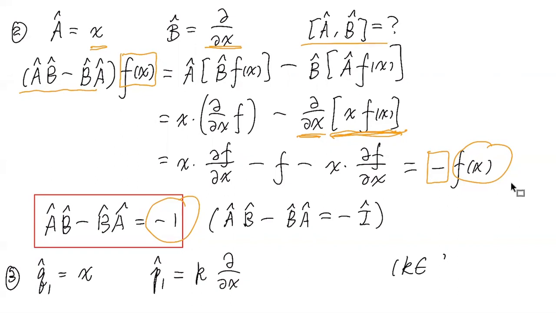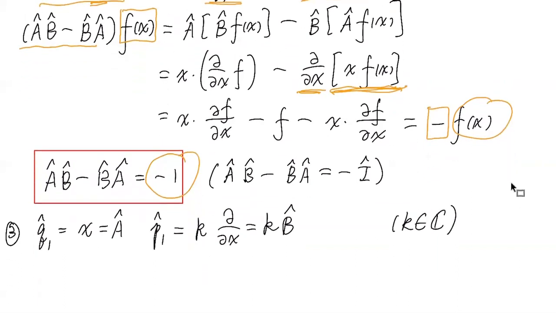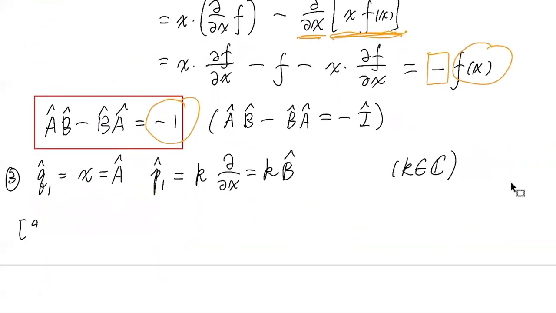K is a constant. In general, a constant in quantum mechanics is a complex number. So of course, now Q1 is just A, and this P operator is just K times B, right? Now let's see what Q1, P1 is.